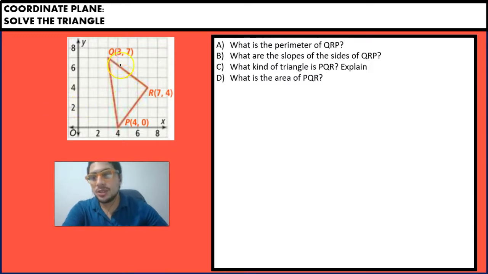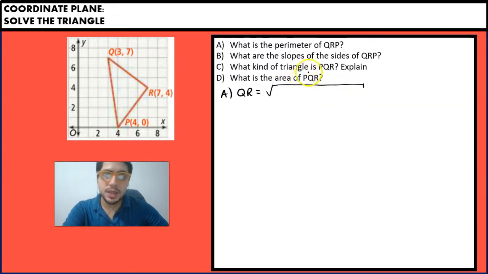Okay, so the first thing that we're going to see is that in order to find the perimeter, we actually have to find the distance between all the points in the triangle. So let's begin by doing that. We're going to find QR with the distance formula, which is the square root of (y2 minus y1) to the power of 2 plus (x2 minus x1) to the power of 2.